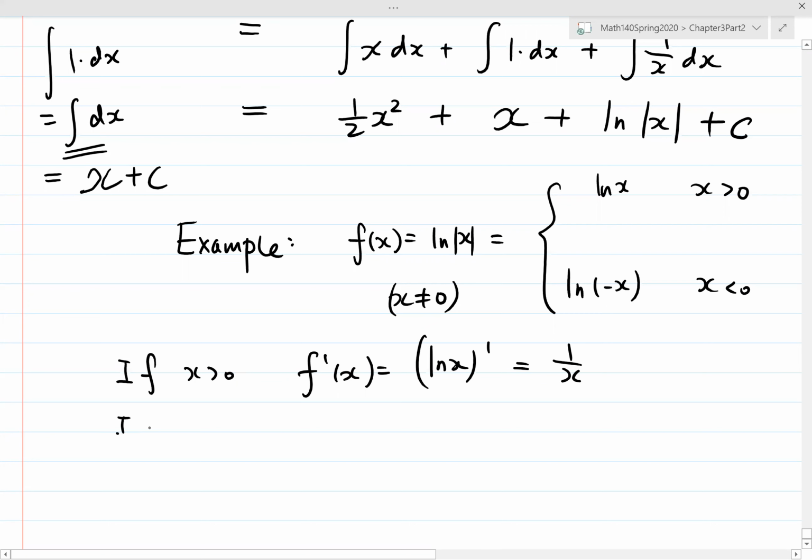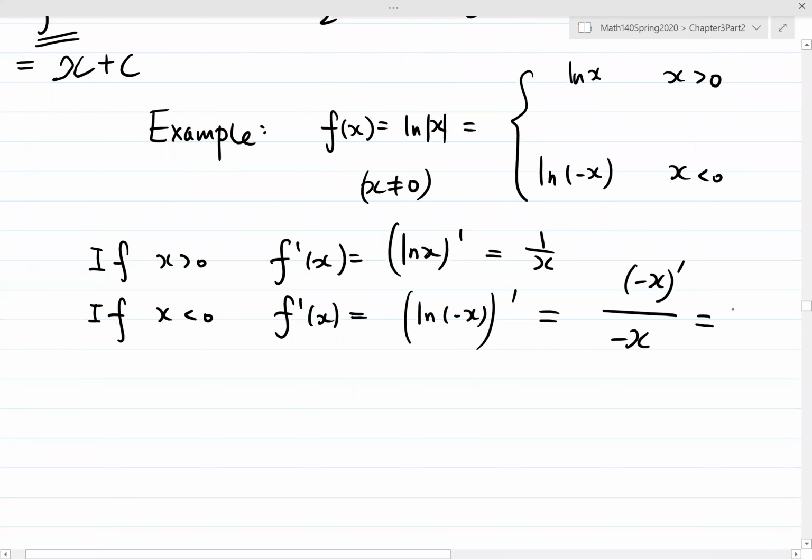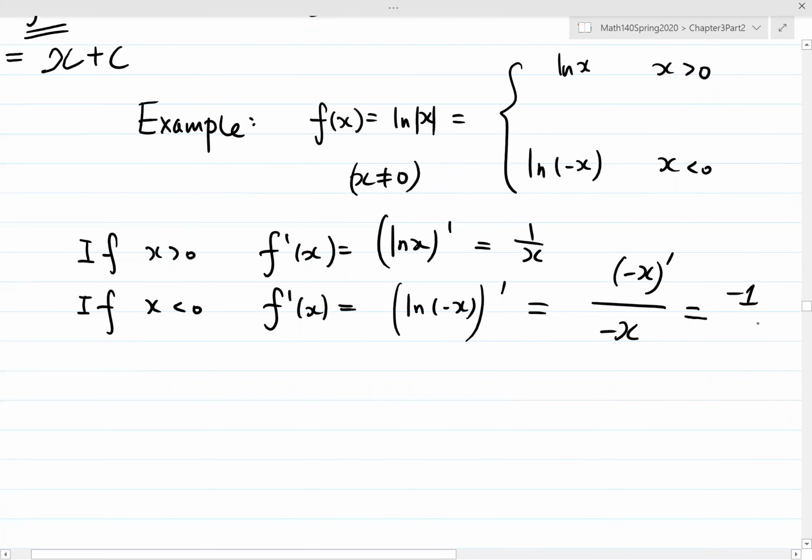If x is less than 0, f'(x) is the derivative of ln of negative x. By logarithmic differentiation, we flip the input of ln negative x. Then by chain rule, the inner function is negative x, so we need the derivative of negative x again, which is negative 1, so negative 1 over negative x. So this is 1 over x again.